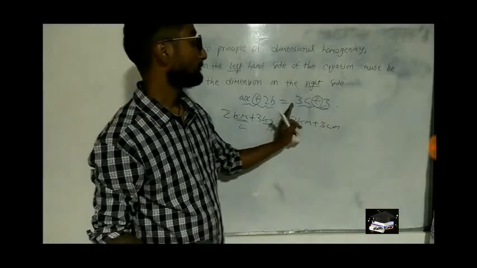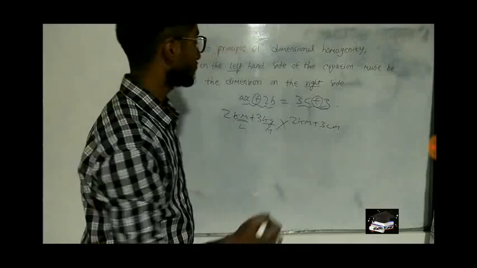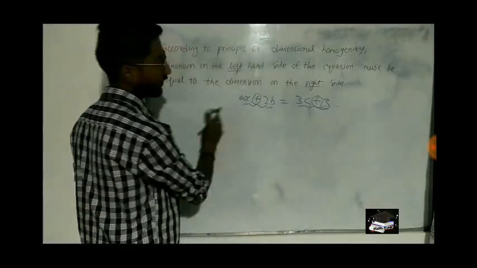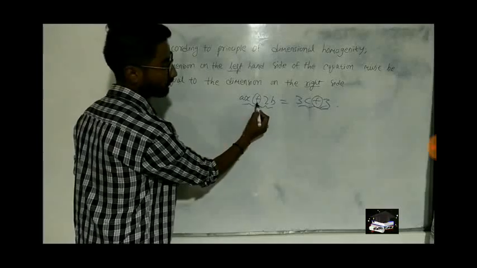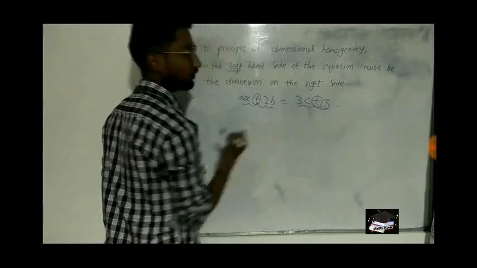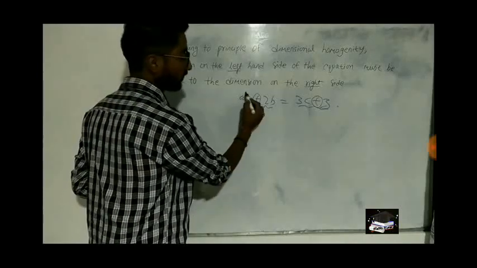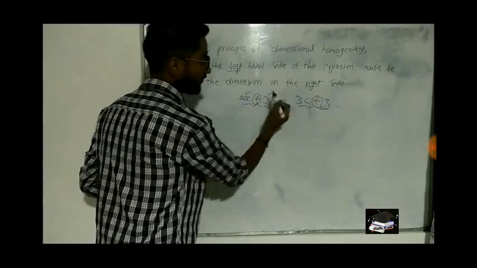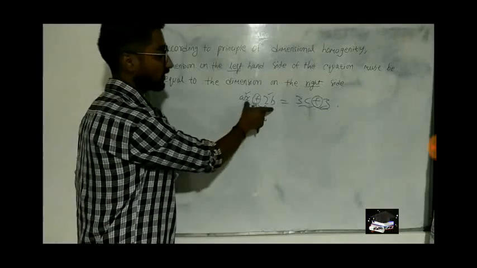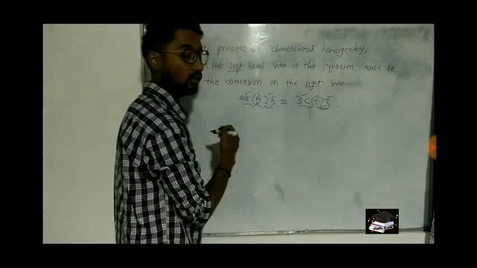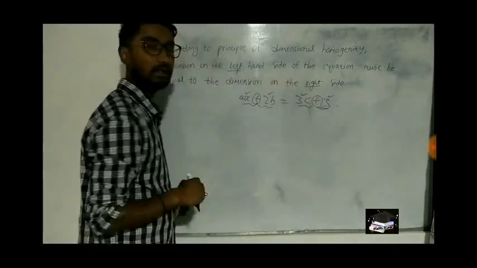So in this equation there is a plus sign out here and a plus sign out here. It indicates this and this have the same dimension, because they are being added out here.